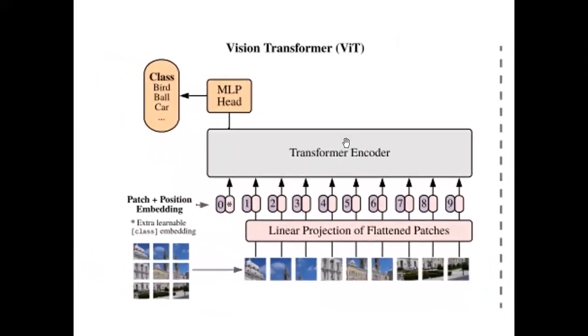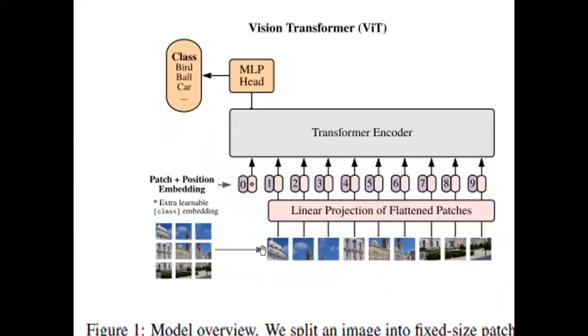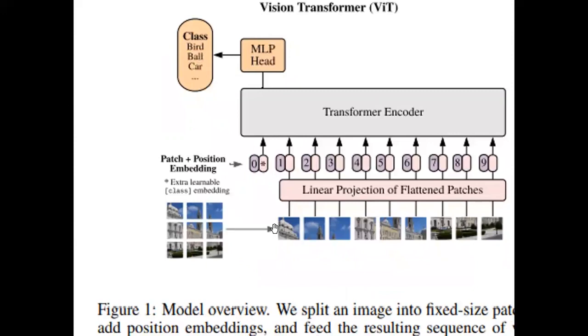In this model, we have an image that's split into patches, which represent a word in the NLP tasks. Before being put into the transformer encoders, the patches, let's say, have 16 by 16 dimensions.